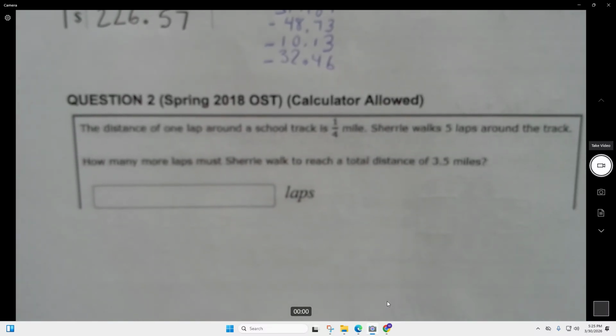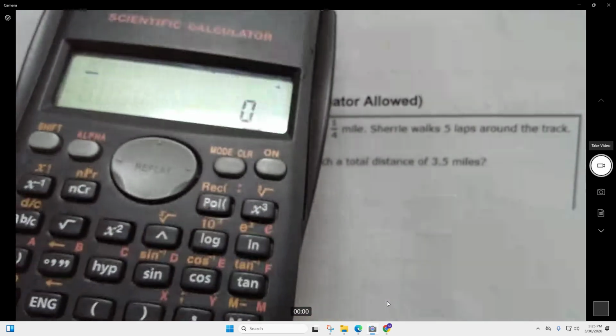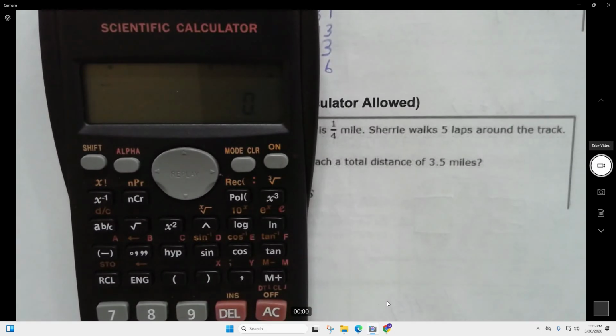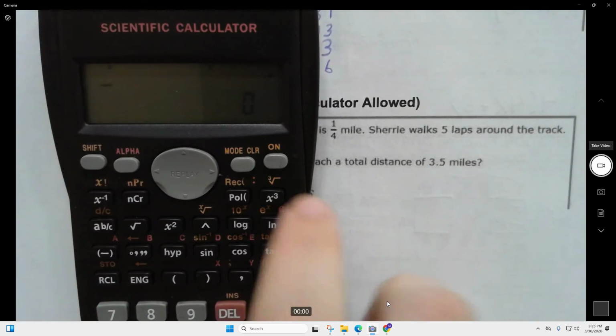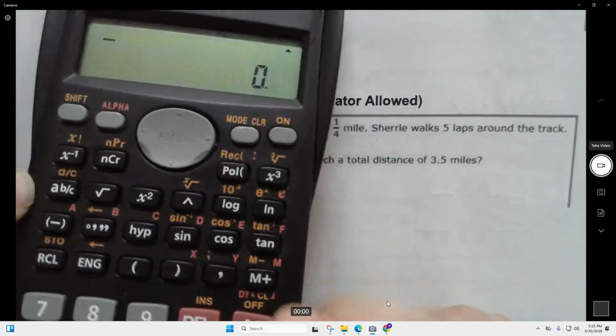All right. So, first we need to think about how much 3.5 miles is. Your calculator will do this for you if you need to, because when you're working with fractions and decimals, you kind of want to be in the same area. So I'm going to go with fractions because I like fractions.